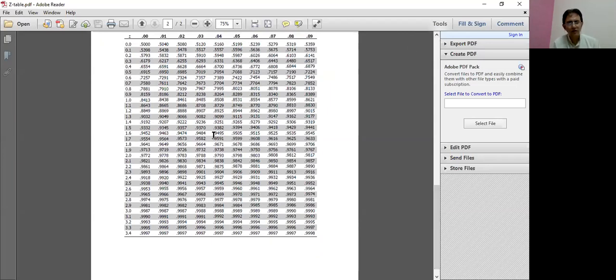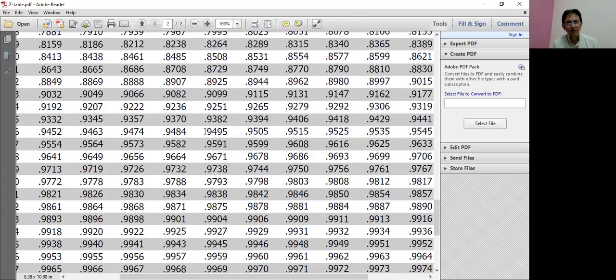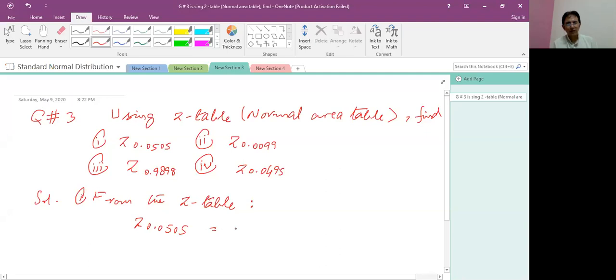So this will be your answer, student. Right? So when we put here and move back, so the answer is 1.64.